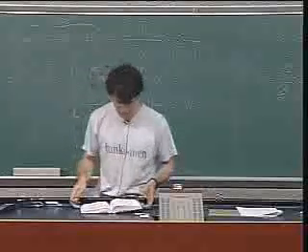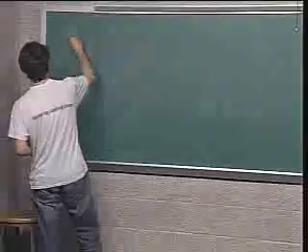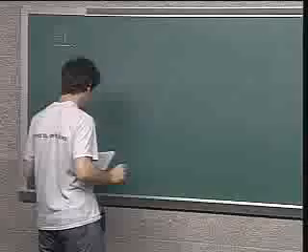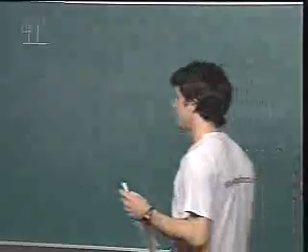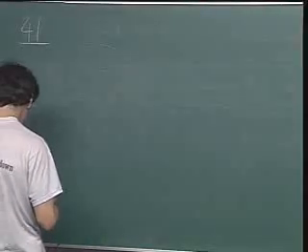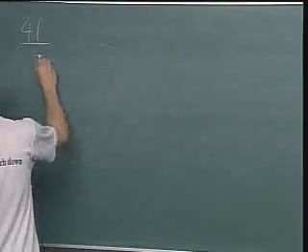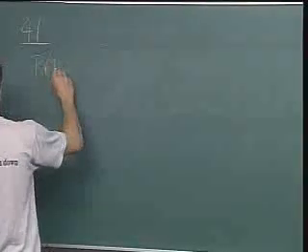Let's do problem 41. So basically, what is problem 41 doing? It's concerned with the long run average, the long run age and excess of a renewal process. So first of all, this is just as an introduction.